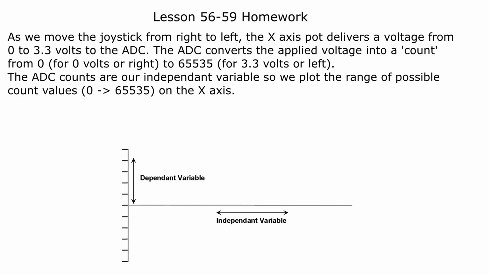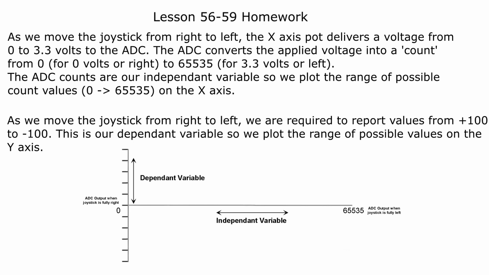The ADC counts are our independent variable, so we plot the range of possible count values, 0 to 65,535, on the x-axis. As we move the joystick from right to left, we're required to report values from +100 to -100. This is our dependent variable, so we'll plot the range of possible values on the y-axis.